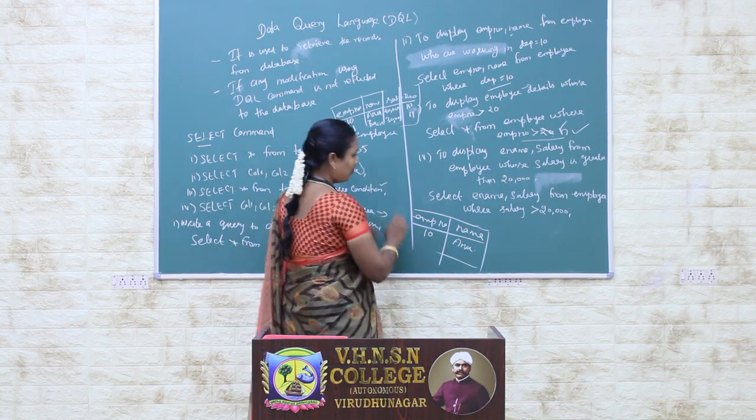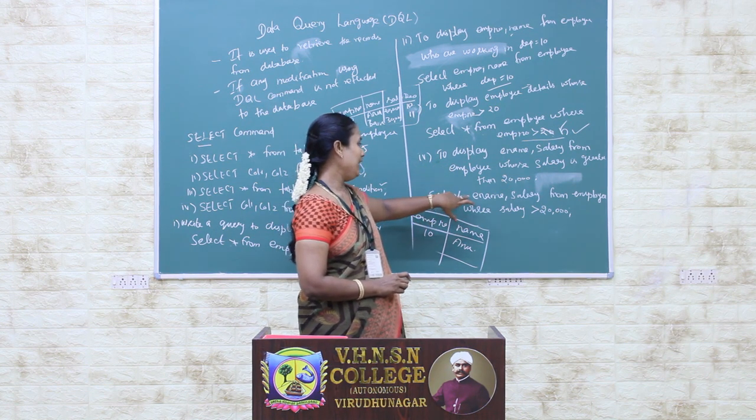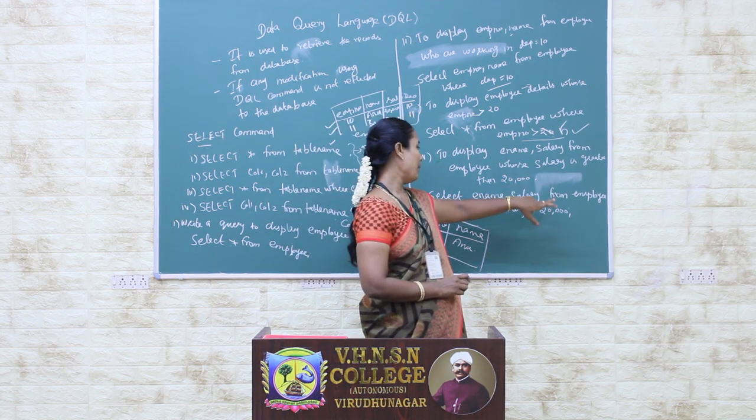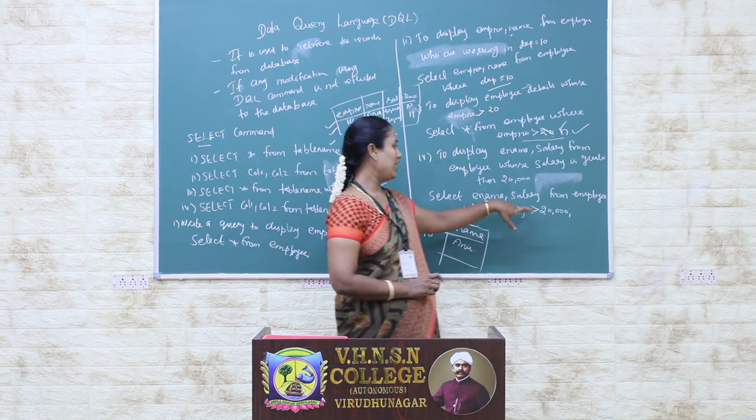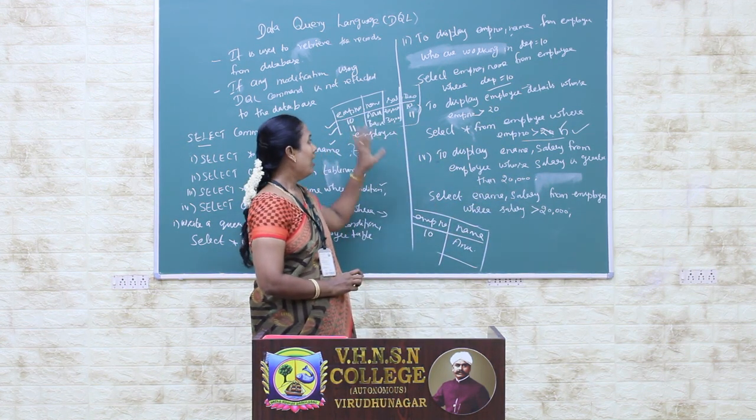Okay. Here, how to convert this statement into a query: select name, salary from employee where salary greater than 20,000. After executing this command, what is the resultant?